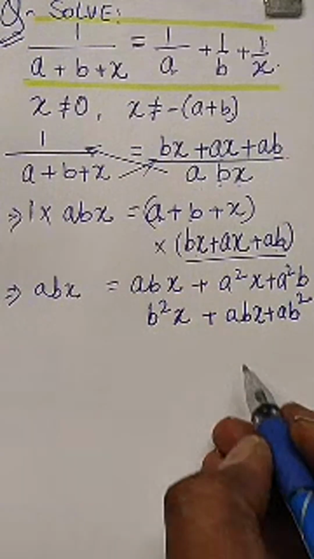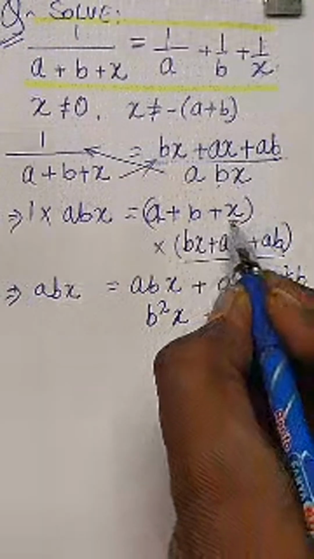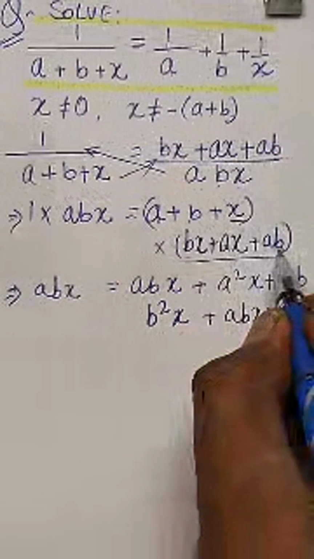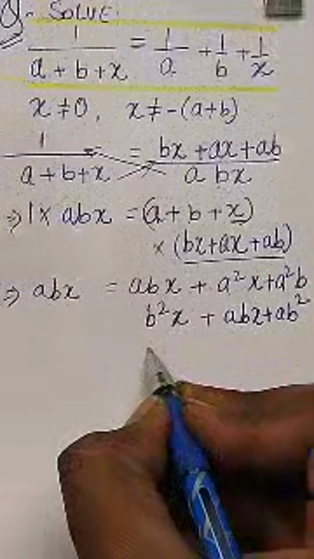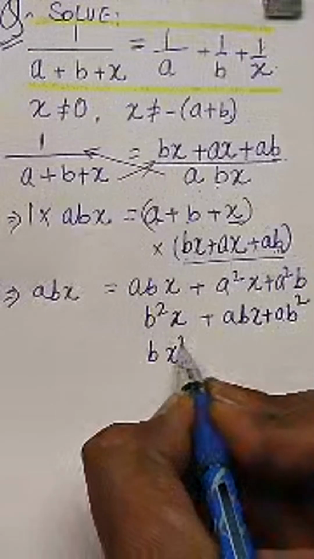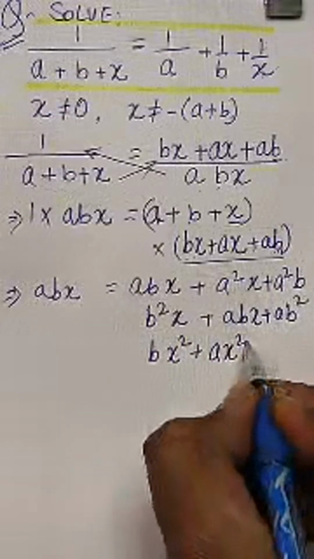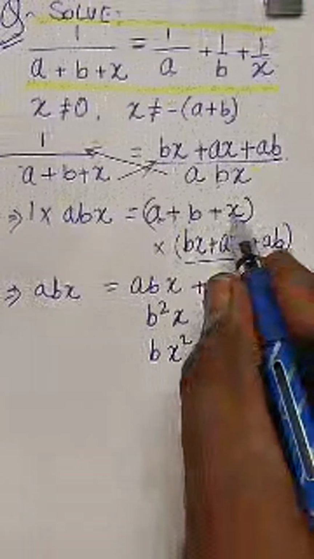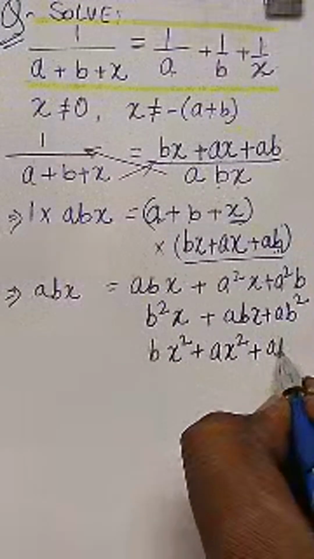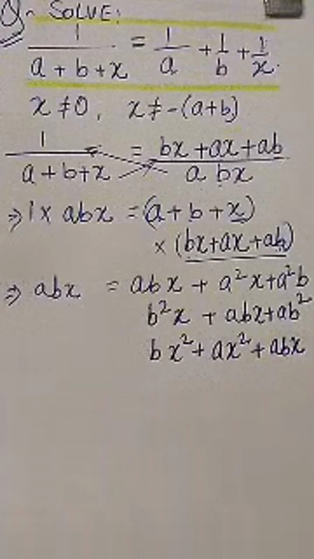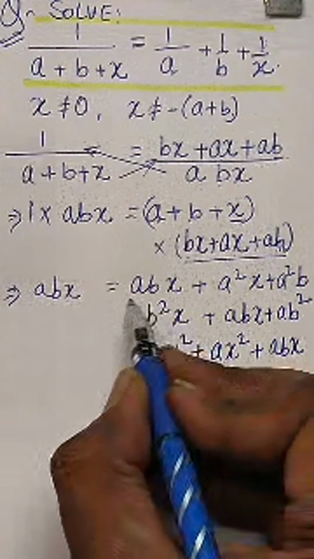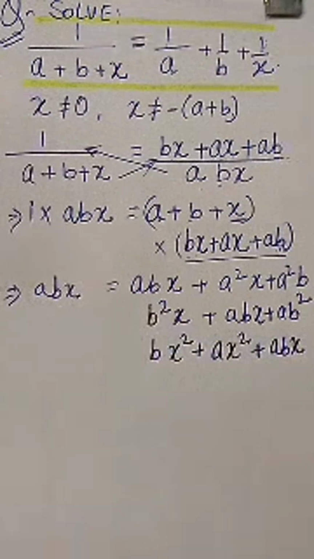And when you multiply x with the entire bracket, it will become bx square plus ax square plus abx.